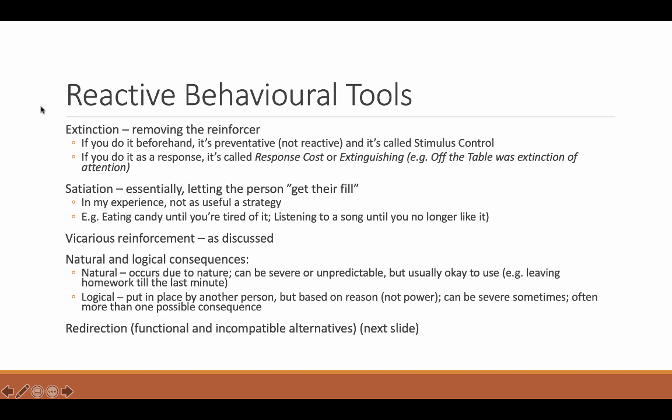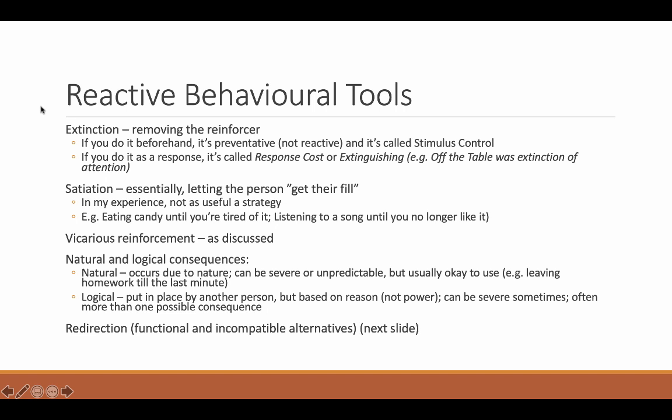Logical consequences are put in place by another person, but they're based on reason, not a power differential. They too can be severe sometimes, but if they're reasonably severe, for example, if I go out and crash my wife's car and end up owing $20,000, that is severe, but it's also reasonable. And sometimes there are variations, more than one possible consequence.